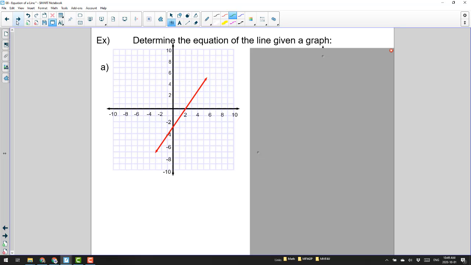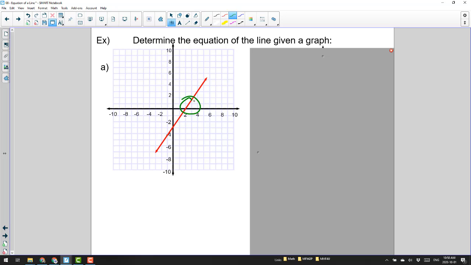Let's start with some where we have a graph, because those tend to be the most obvious. So, looking at this, like I said, the first thing we're going to want to do is to figure out our slope. To figure out our slope, we can choose any 2 points we want. Make your life easy. Make sure it's something that's passing through some crosshairs so you can read the point properly. Like I wouldn't want to choose, say, this point, right?